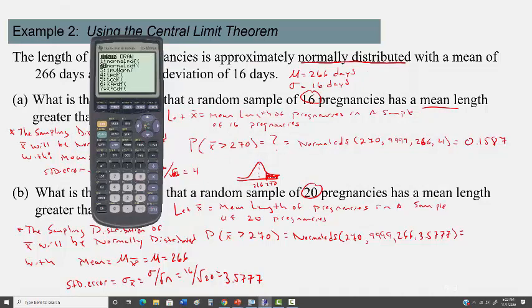So normal CDF, 270, comma 9999, comma 266, comma 3.5777. And notice it's probably going to get smaller, right? Because the standard error got smaller. So it's 0.1318 when I round it to 4 decimal places.